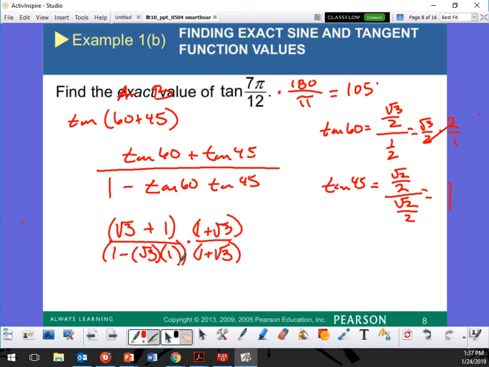So now let's go ahead and multiply first. So that's going to give me what? Rad 3 times 1? Rad 3. Rad 3 times rad 3. Plus 3. Very good. Now it's going to be 1 times 1, 1 times rad 3.